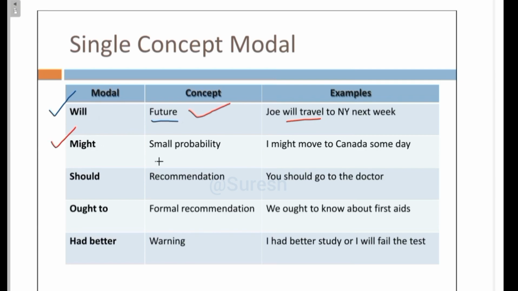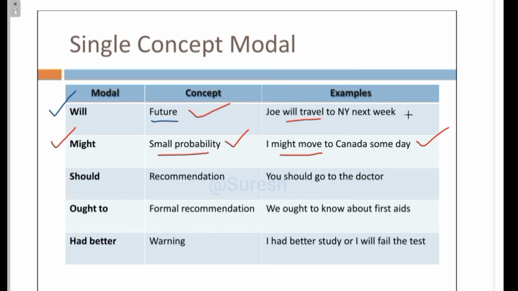Might, that is also a single concept. It tells small probability. What is probability? Possible to happen, or there is some little possibility of happening. I might move to Canada someday. See, the meaning of the sentence is very clear. Someday means some other day, or any day in the future.